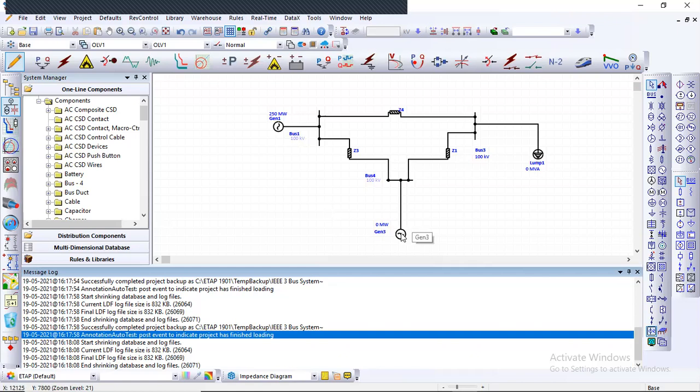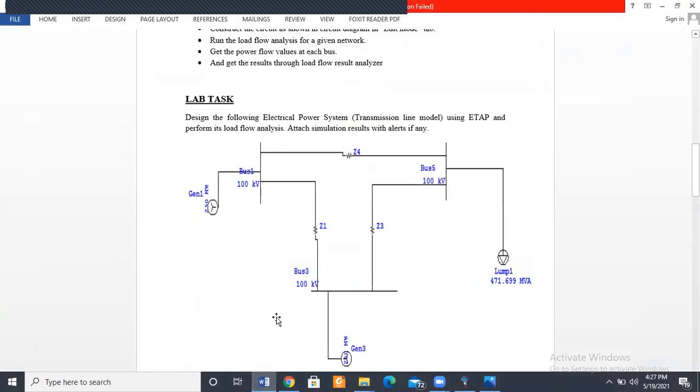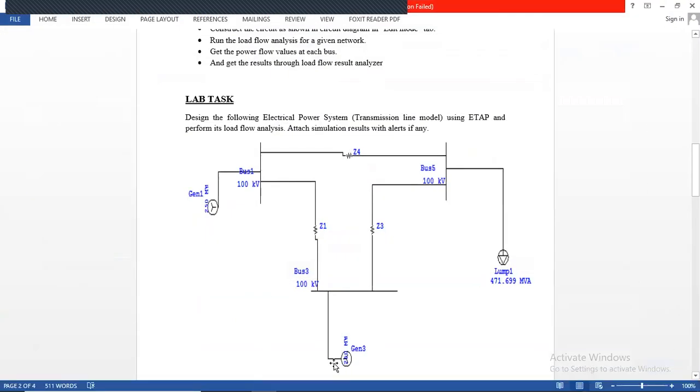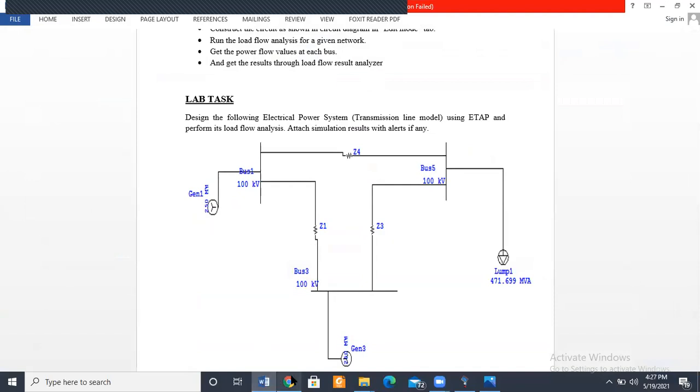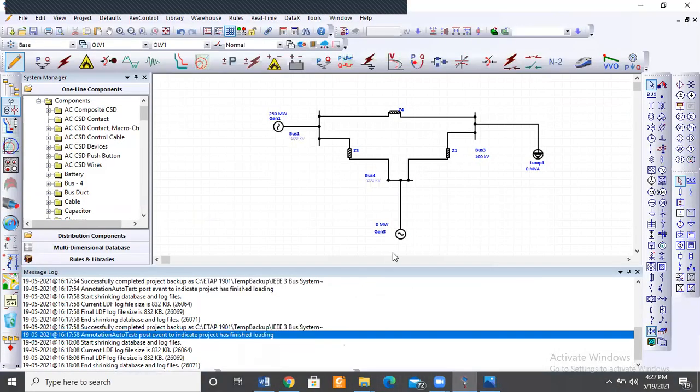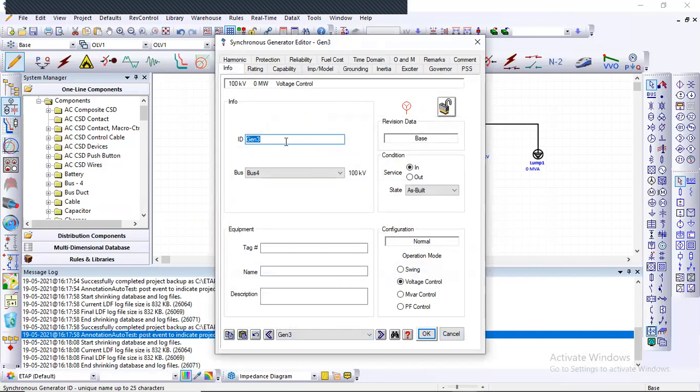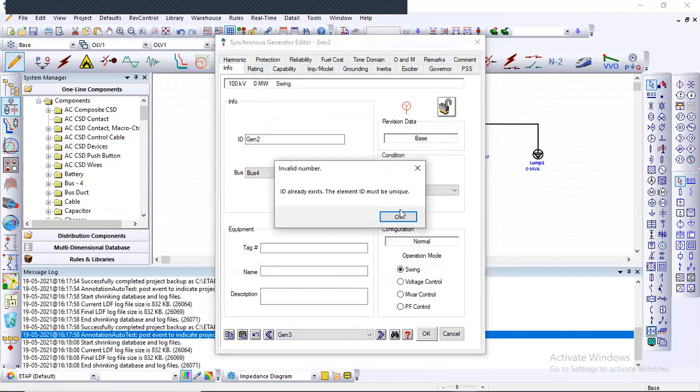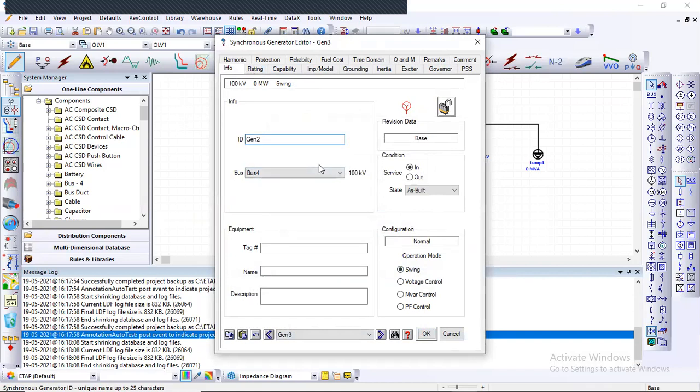Now moving towards placing the value of the second generator, that is 250 megawatt. I double click this generator, and rename it as generator 2, and swing. First you have to select. The ID already exists. Okay, so generator 2 instead of that. Static, can it accept or not?